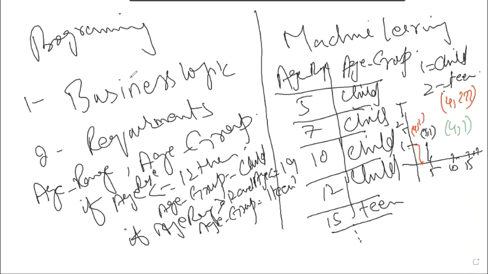But I think this screen is clearly showing you, on one side we have the hard-coded logic, on the other side we have the data points, and based on the data points, the machine will identify the upcoming new data. That's a clear and major difference between a machine learning solution and a programming solution.